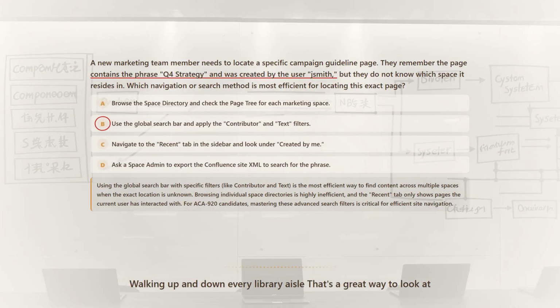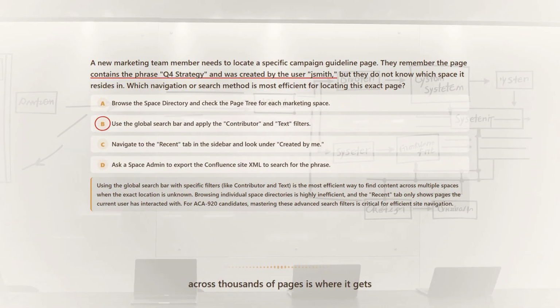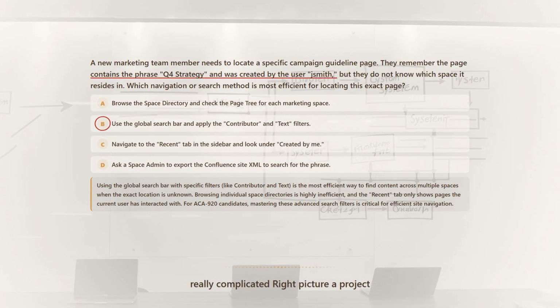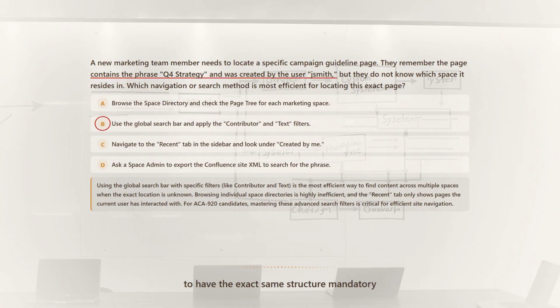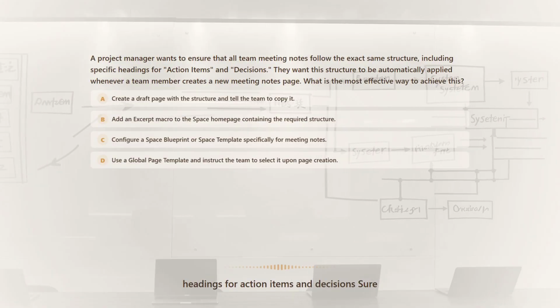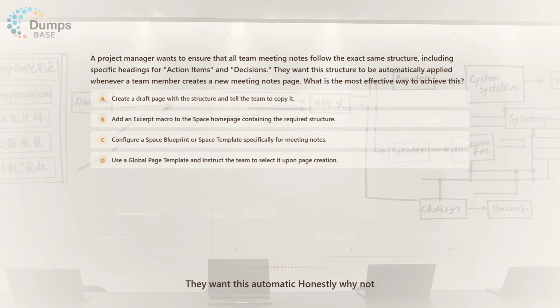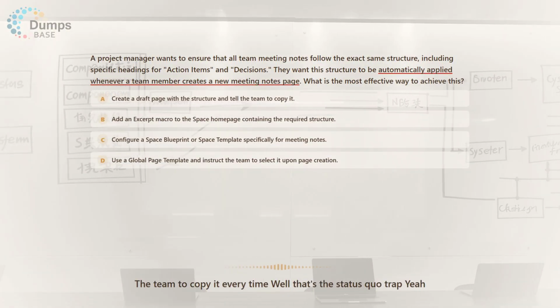Finding a well-tagged page is one thing, but creating consistency across thousands of pages is where it gets really complicated. Right. Picture a project manager who wants every team meeting note to have the exact same structure. Like mandatory headings for action items and decisions? Sure. They want this automatic. Honestly, why not just create a draft page and tell the team to copy it every time? Well, that's the status quo trap.